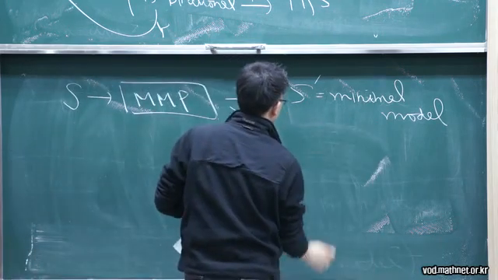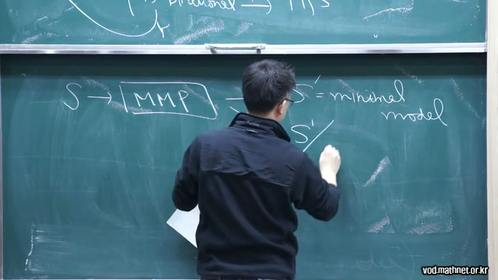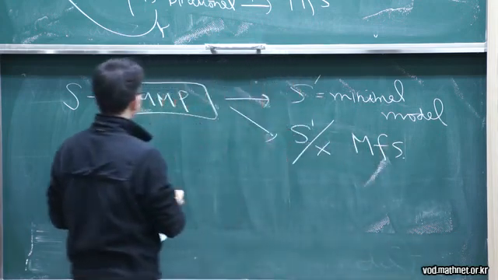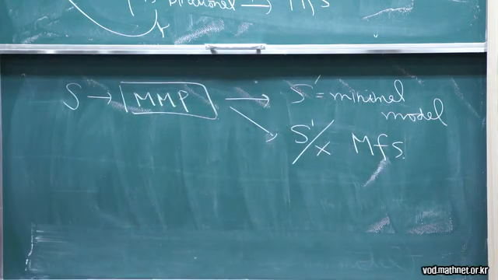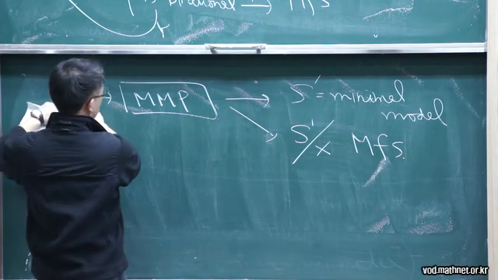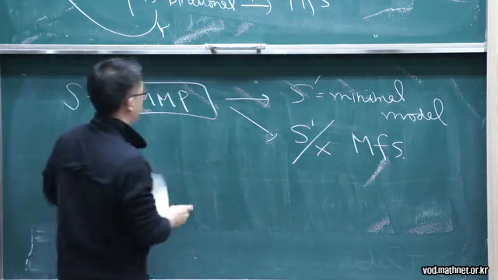Let's just write from S to some X, a Mori fiber space. So how do you know which one you get after you run the MMP?